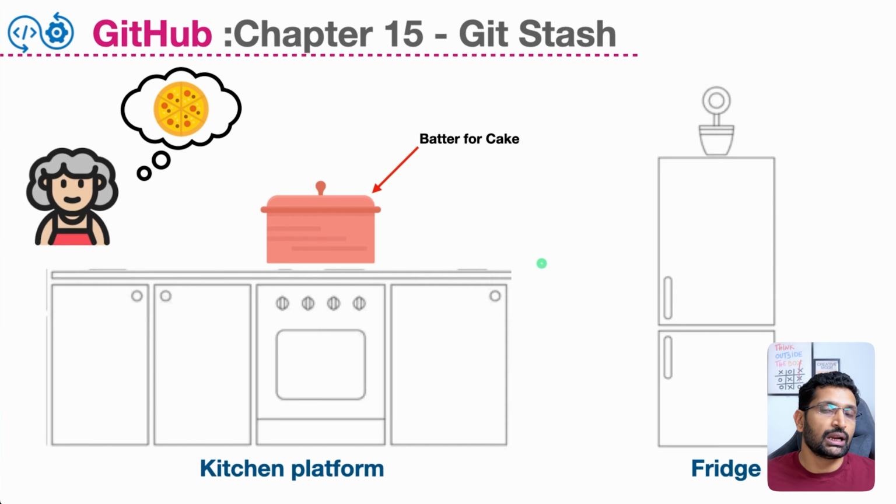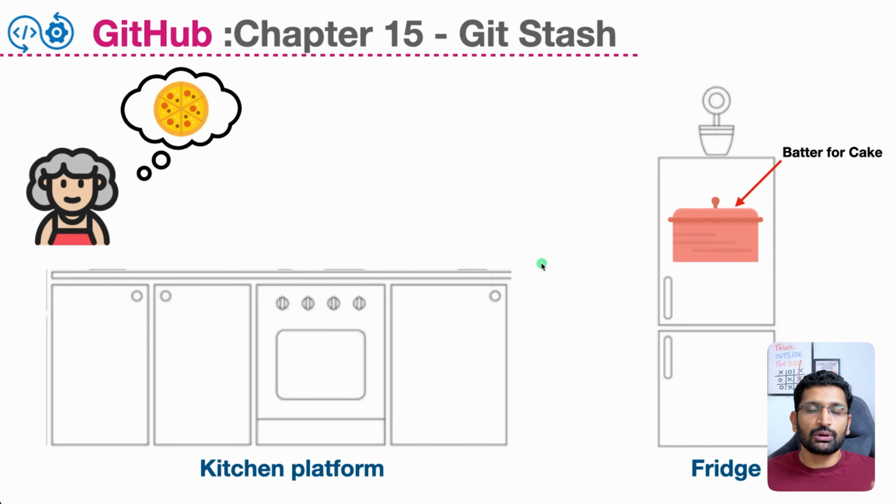So what will you do with that batter? The idea is quite simple. You are going to store that batter in the fridge. So maybe the next day or after a couple of days, you can fetch that batter back and bake the cake, so that your batter is not going to get wasted.